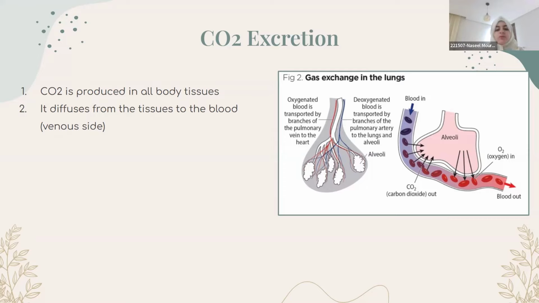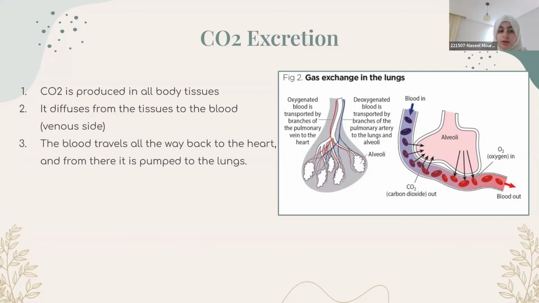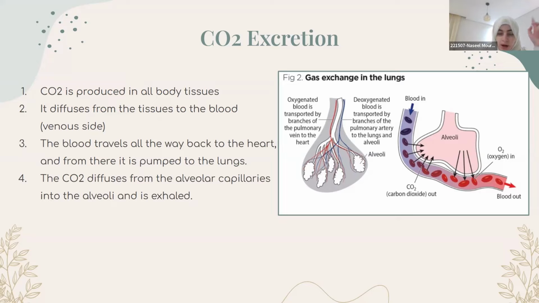Now, where does this venous blood go? It goes to the heart, and then it's pumped to the lungs for oxygenation. Pretty straightforward. Now, what happens when the blood reaches the lungs? The carbon dioxide is going to diffuse out of the blood into the alveoli and is going to be exhaled.